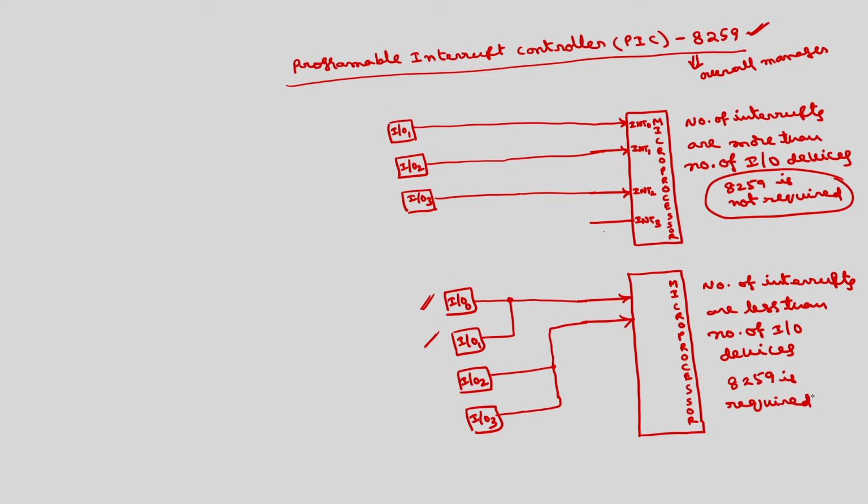So, what is the block diagram of 8259? How will this resolve the problem? We will discuss in the next slide. If we come to the block diagram of 8259, this is a 28 pin IC. The different signals available on this 8259 are shown on this architectural diagram.